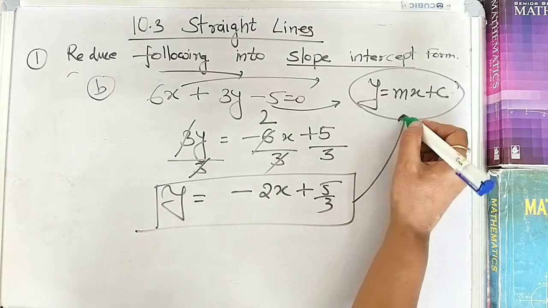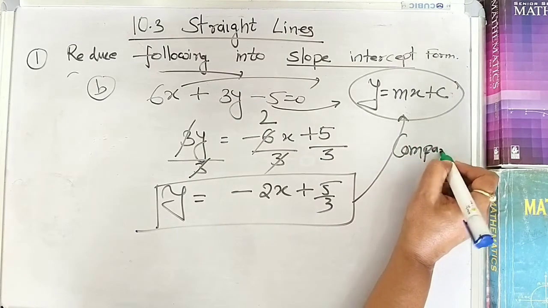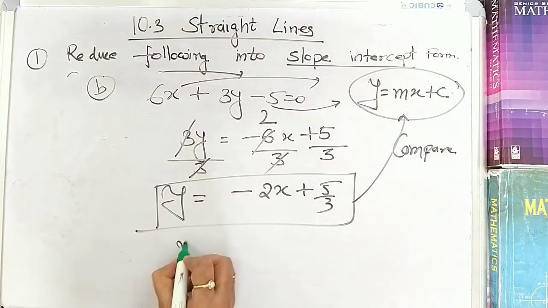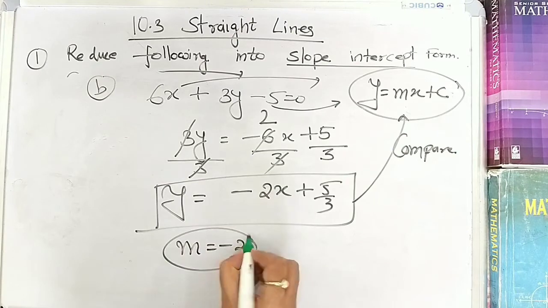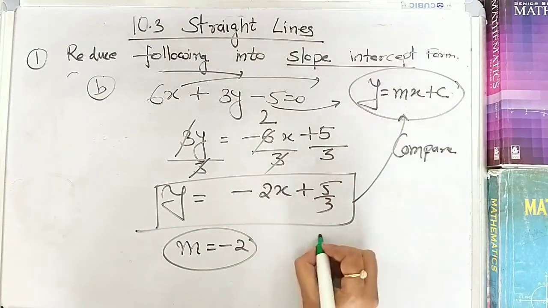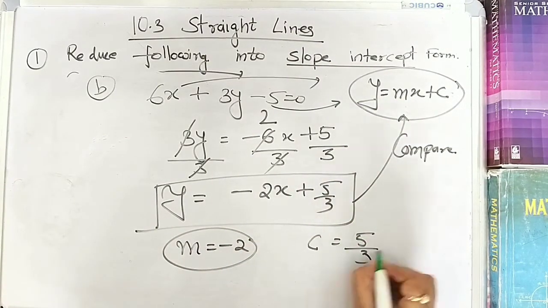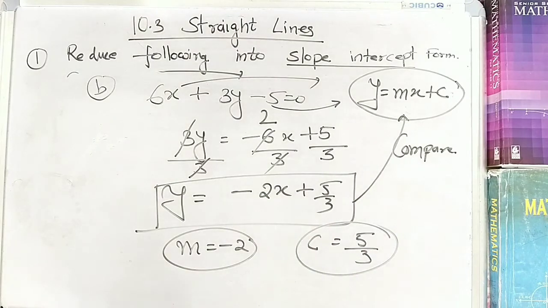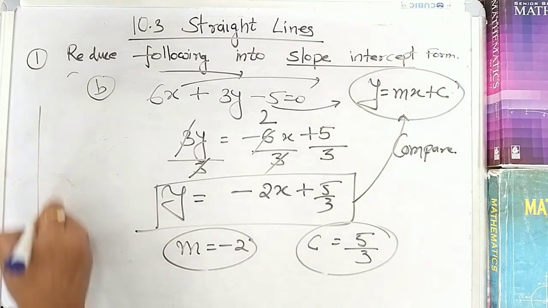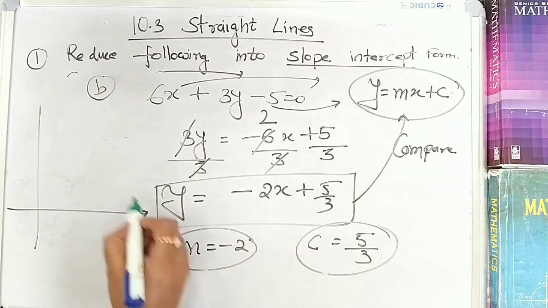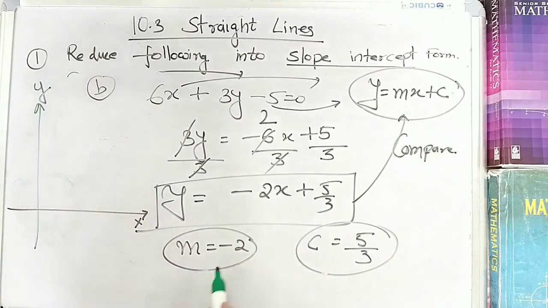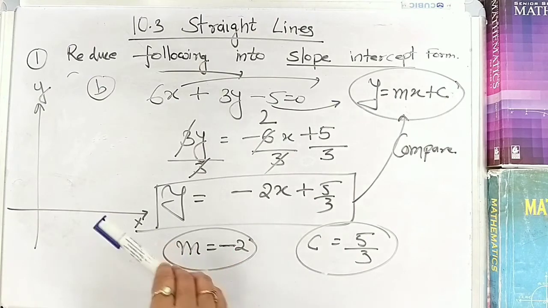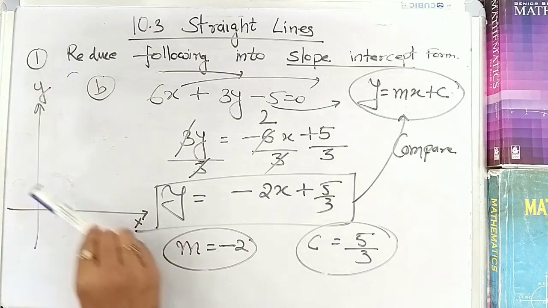Just now compare it. What is the step? Compare. So what you are getting is m = −2, and c = 5/3. What does it mean? Slope is negative and y-intercept positive. Means if you try to plot your line on the x and y axis, negative slope means it looks like this. It is sloping that way.